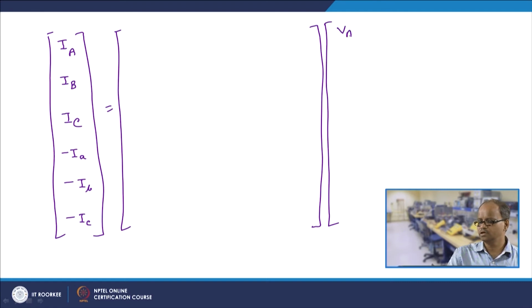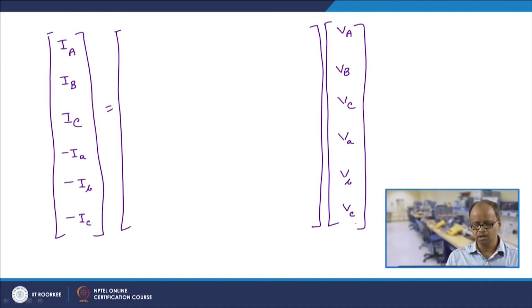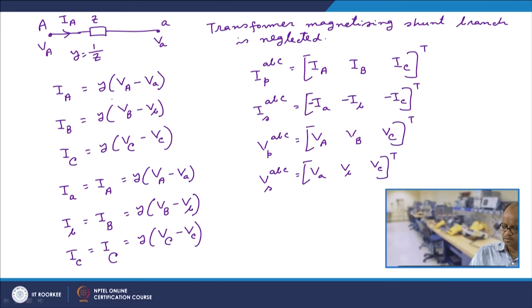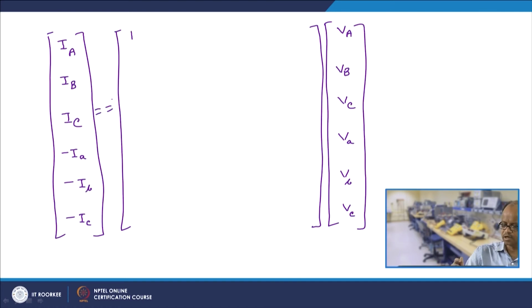So this is VA, this is VB, this is VC, this is Va, this is Vb, this is Vc. Now everything is multiplied by y, so we can take this y as common.